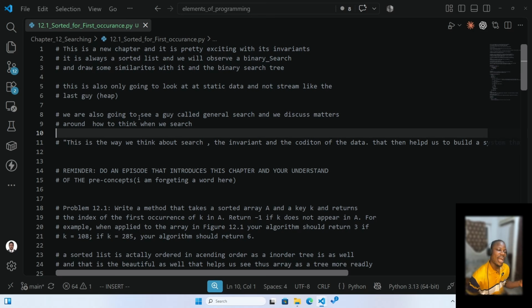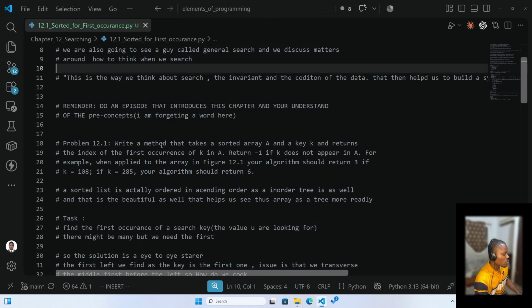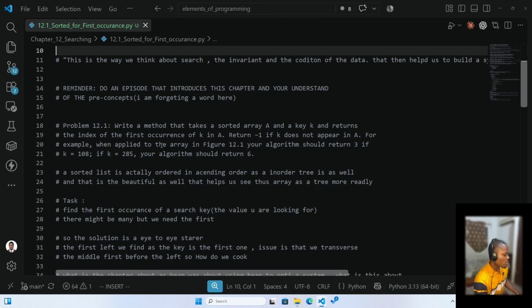Because of that, we simply have to think critically. It's not just find the problem or find the solution. It's now asking us to find the first. So even when you find the value, you need to still figure out if it's the first. That's where that independent system comes in. It does not just see the value and stop. It just goes through, irrespective of what it finds, till it gets to the end. That's a note for me.